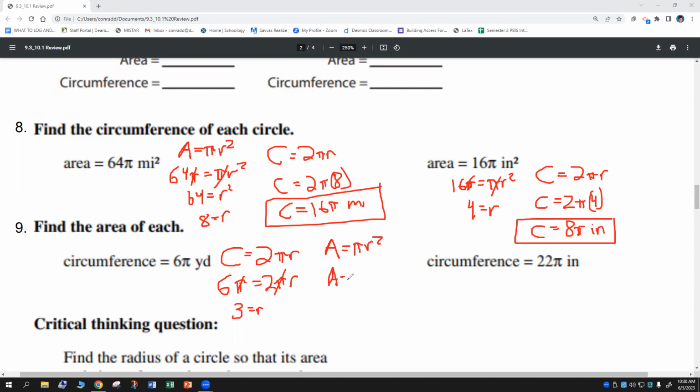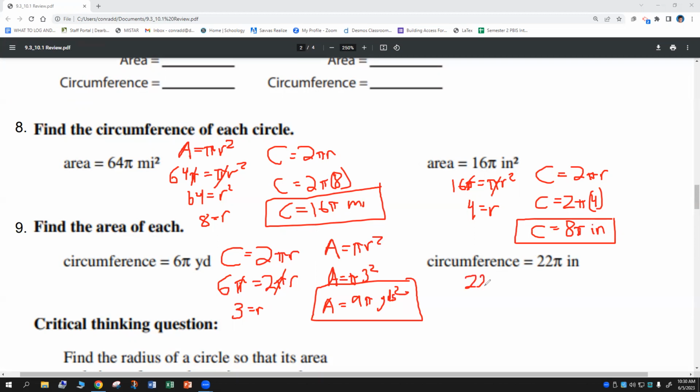So in this case, it's going to be area equals pi times 3 squared, which is going to give me 9 pi yards squared. 9 pi yards squared.